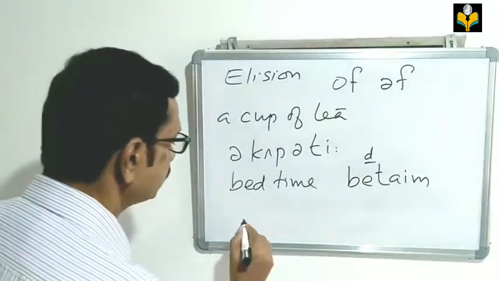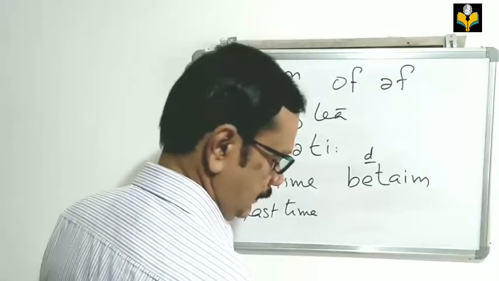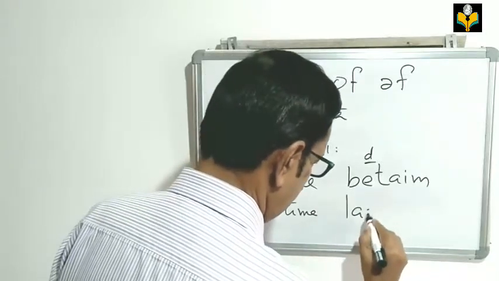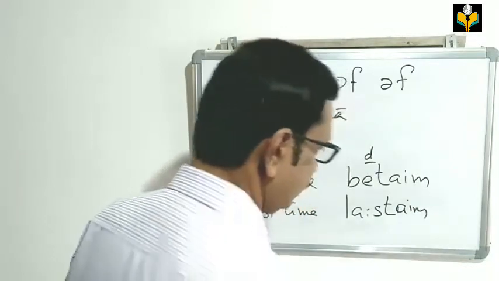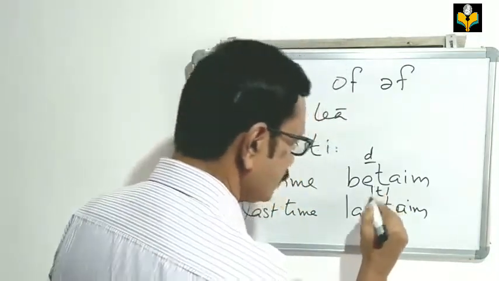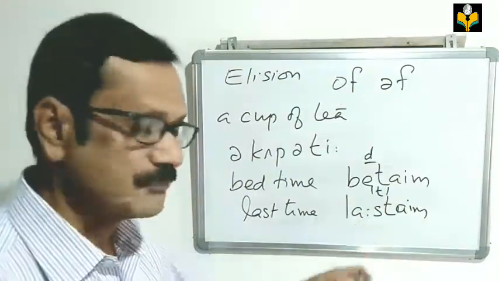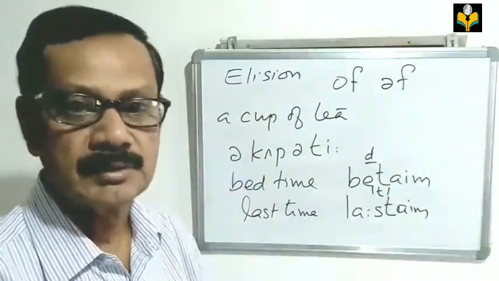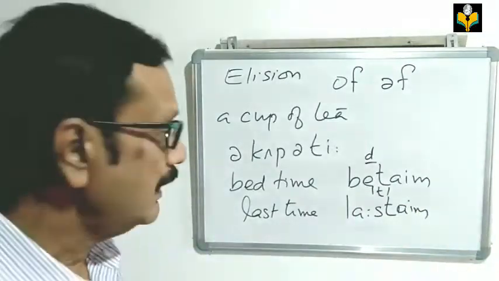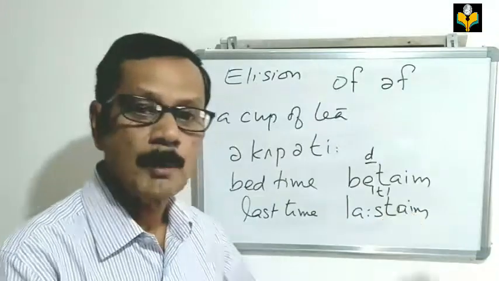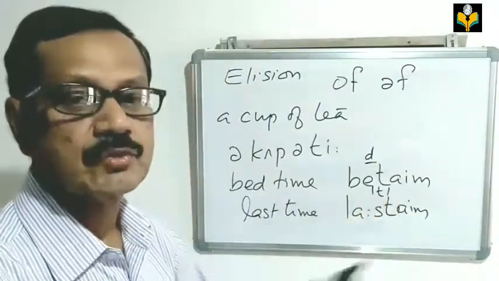Then last time. The t is dropped here. We say last and time separately in isolation. But when we say last time as a compound word, the t is dropped here.